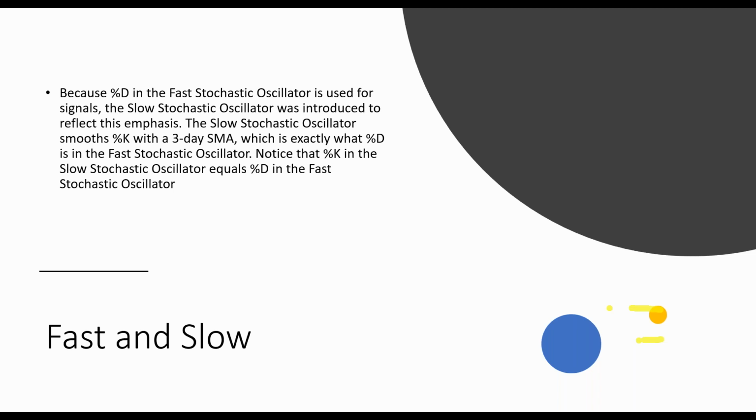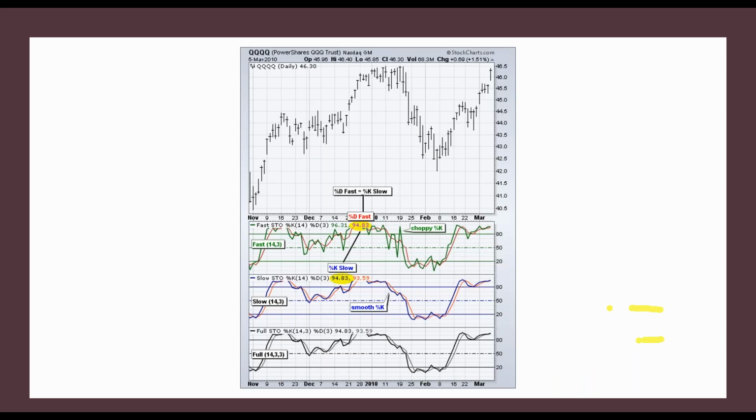Because %D is the fast oscillator, the fast stochastic oscillator is used for signals, and the slow stochastic oscillator was introduced to reflect this emphasis. The slow stochastic oscillator smooths the %K by the 3-day SMA, which is exactly what the %D is of the fast stochastics.